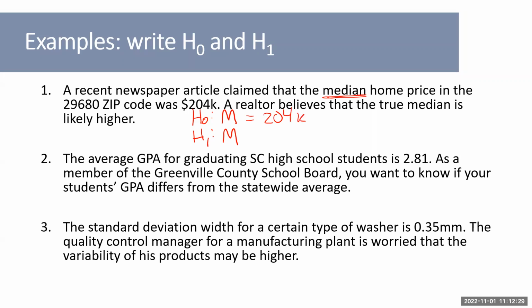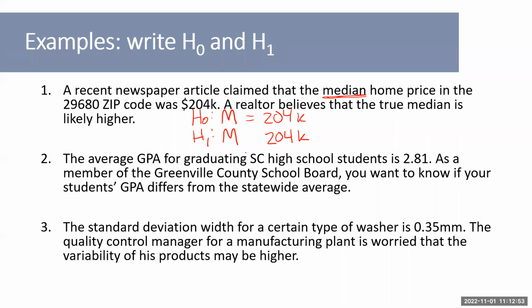Okay. Now, one of the things that I wish had been told to me, is as I write my alternative, remember, everything about the null and alternative is identical except the sign. So what I like to do is come down here and drop the number so that everything is identical. Now I only need to decide my sign.